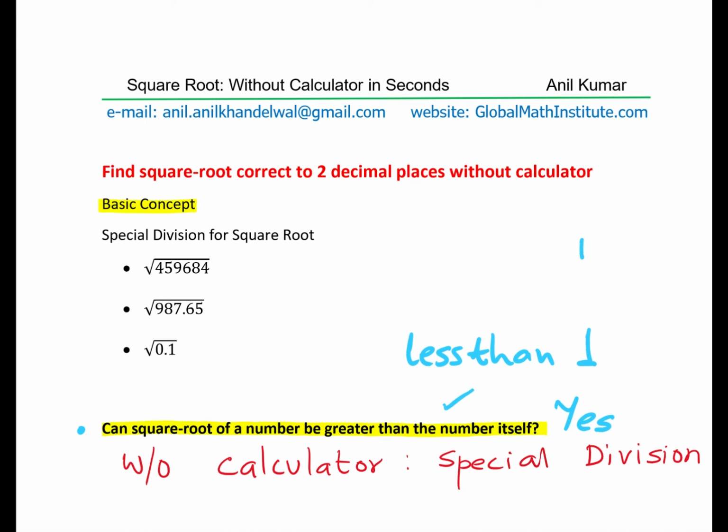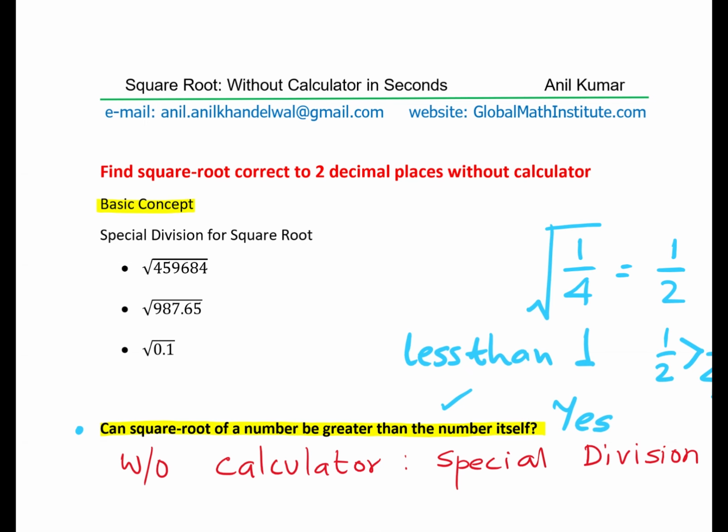For example, 1 over 4, square root of 1 over 4 is what? Is half. And you know, half is greater than 1 over 4, right? So that's a very good example to give. Point 1 is also a good example in this case.